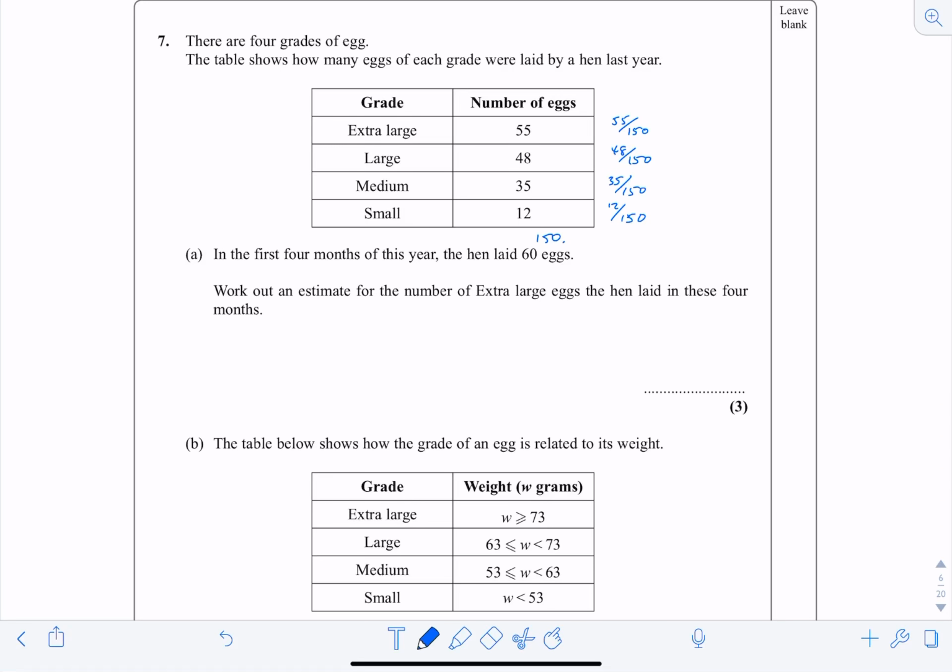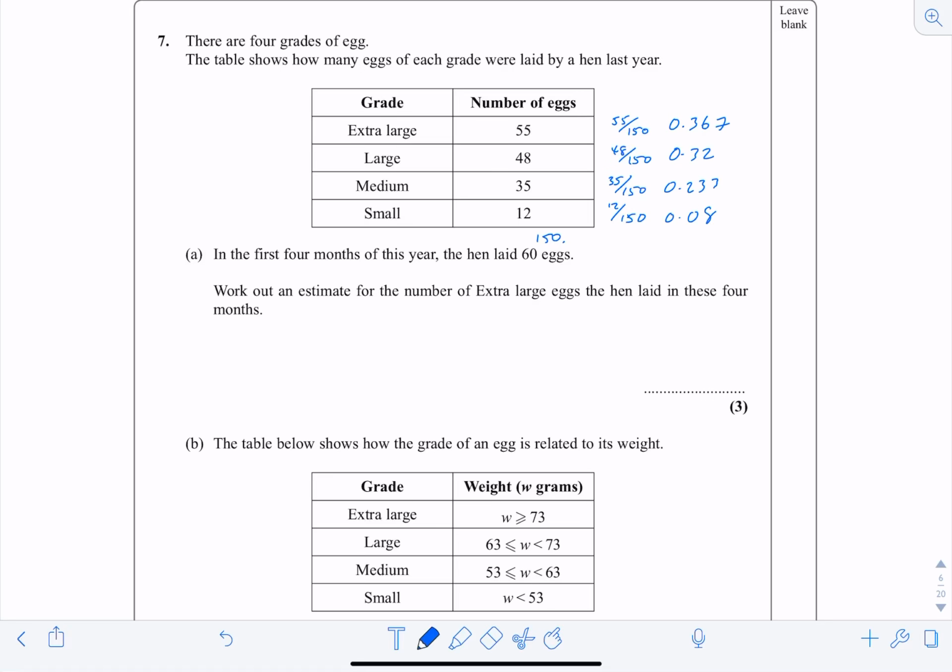So I'll work those out on my calculator really quickly. 55 over 150 is about 0.367. 48 over 150 is 0.32. 35 over 150 is 0.233. And 12 over 150 is 0.08.